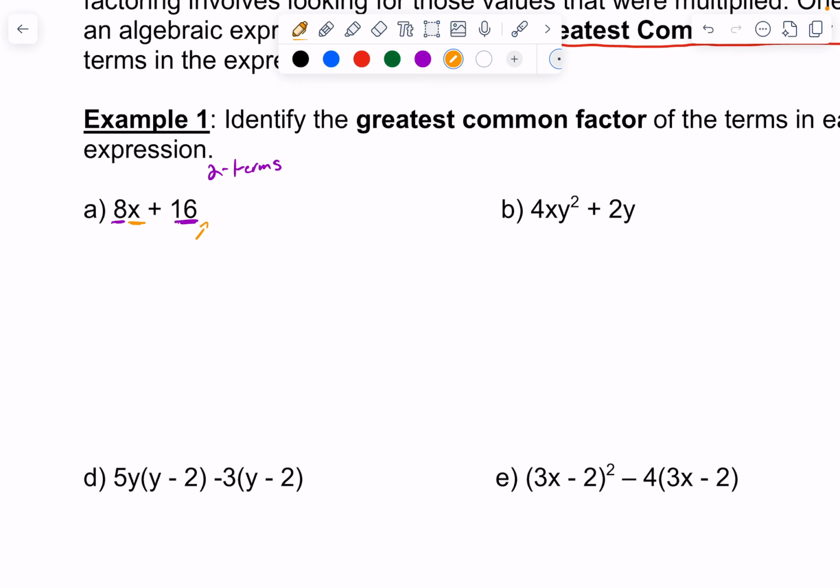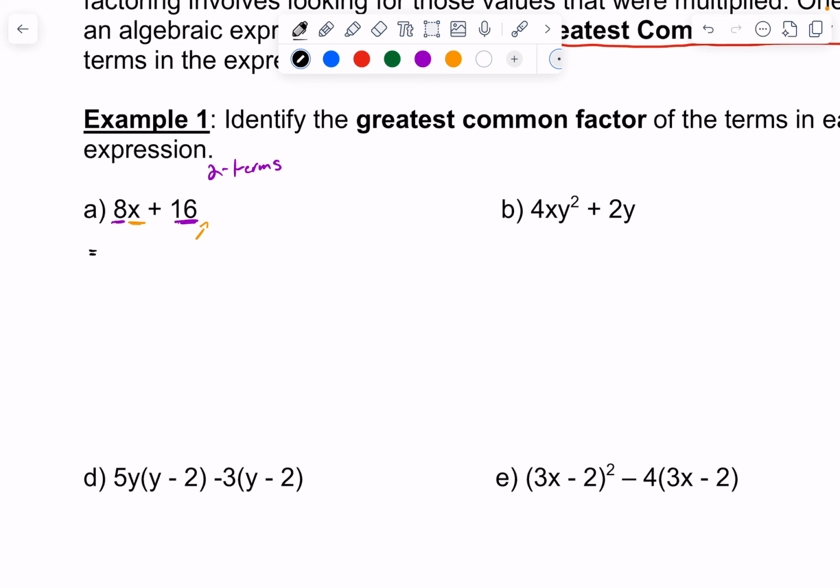When you go to factor, you want to pull out the biggest thing that is common from both terms. The things that are common are the ones underlined in purple, there's purple in both terms. What is the biggest number, because those underlined in purple are numbers, that I can pull out from each term?